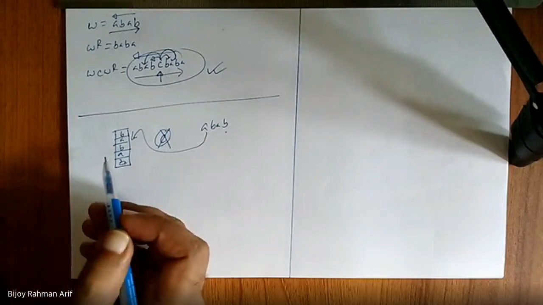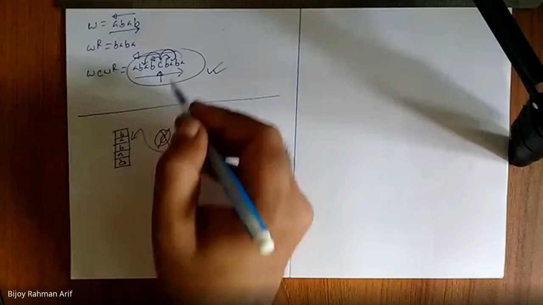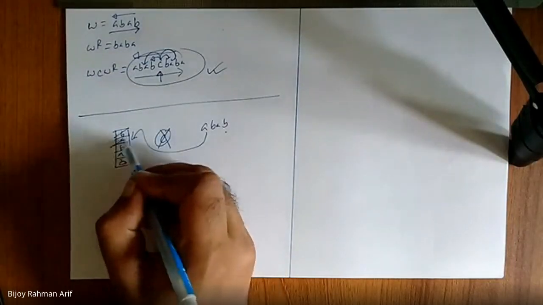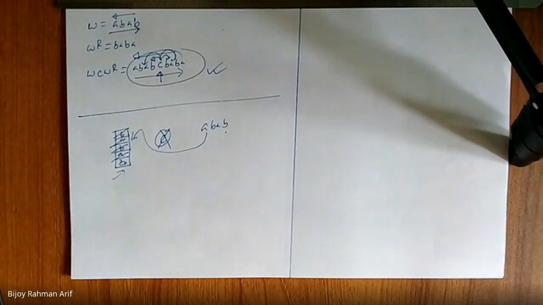That means whatever you read just after the center, that order is preserved in the stack in the reverse way. So you just pop letter by letter. If all these match, and you reach the empty of the stack and the empty of the buffer, then you can say yes, I got the palindrome. Otherwise, I'm going to reject it. Do you get it?